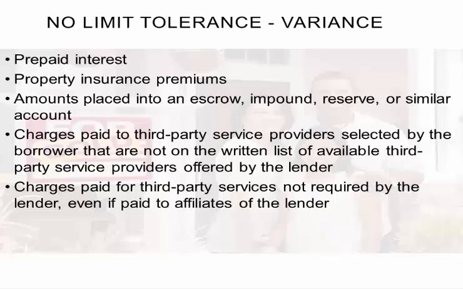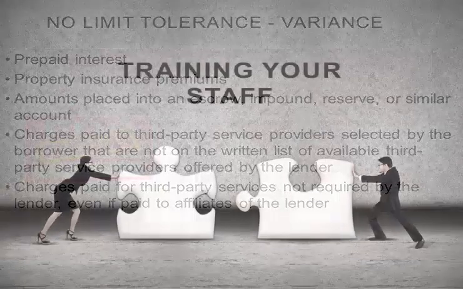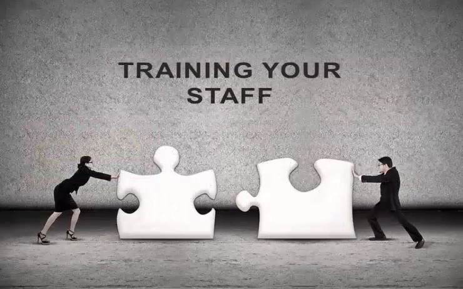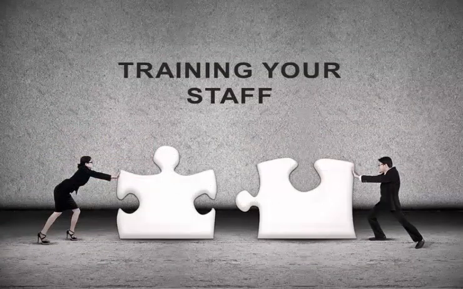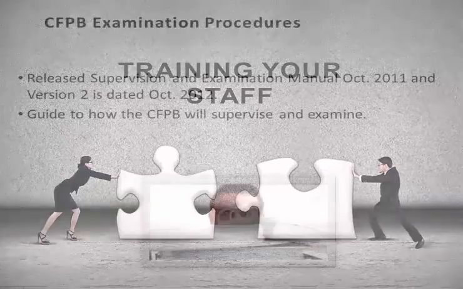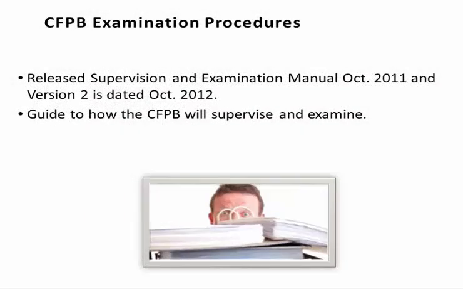And it's important for you to train your staff on all the changes that are happening, as well as get training for yourself. So one of the things that's important to remember is that back in October of 2011, the CFPB issued their examination procedures, and it's the guide to how they will supervise and examine non-banks.